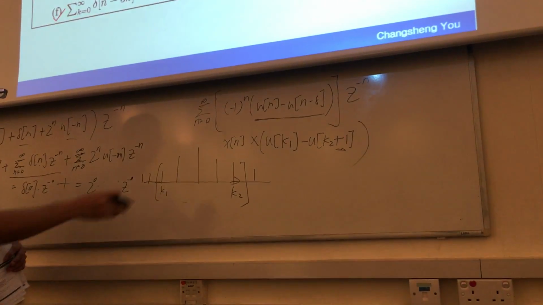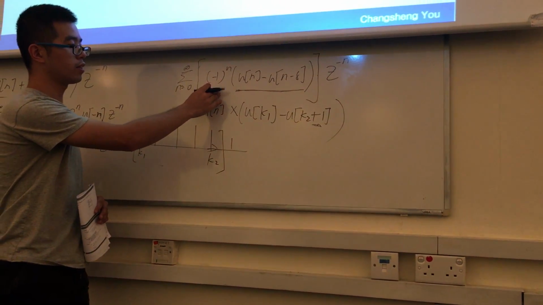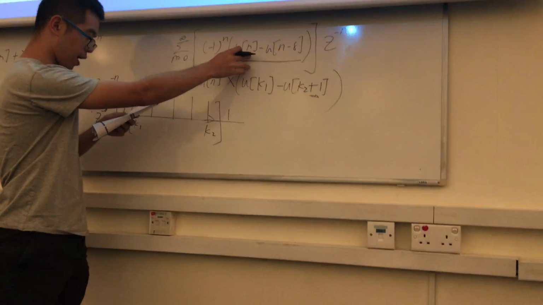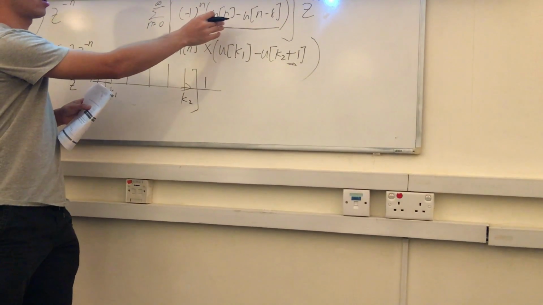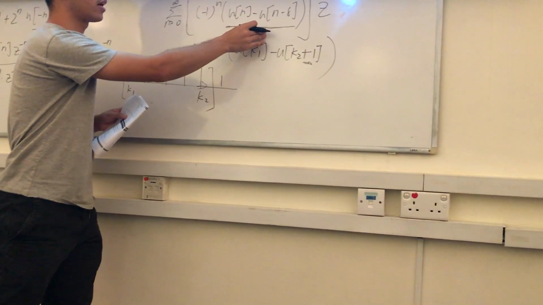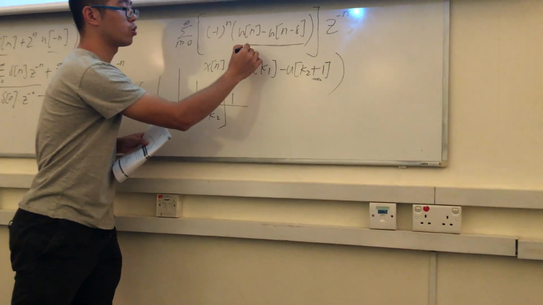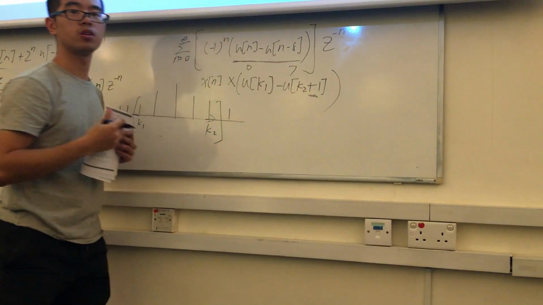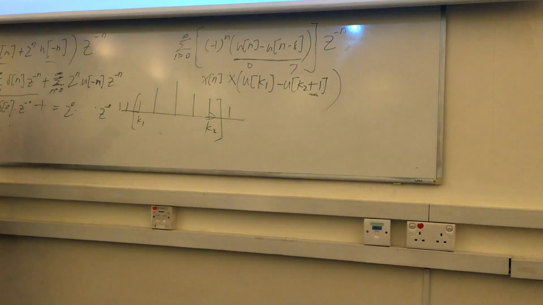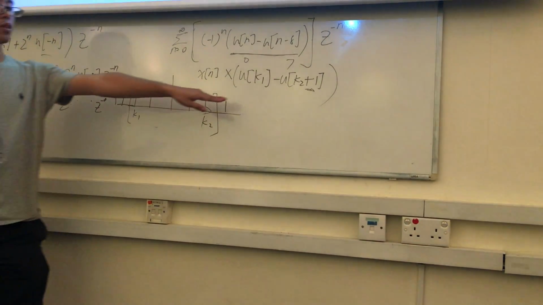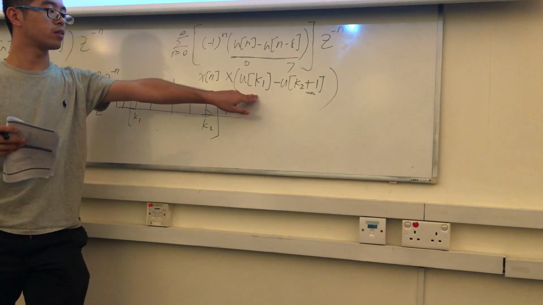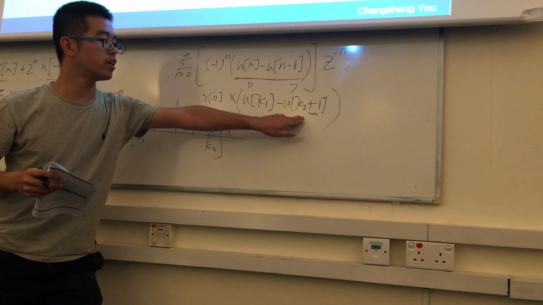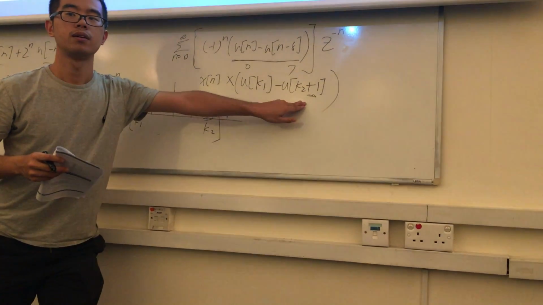All right. So now, from this one, you find this part. It actually just wants the signal from 0 to 7, right? Because for this part it's from k1 to k2. So here it is k2 plus 1.